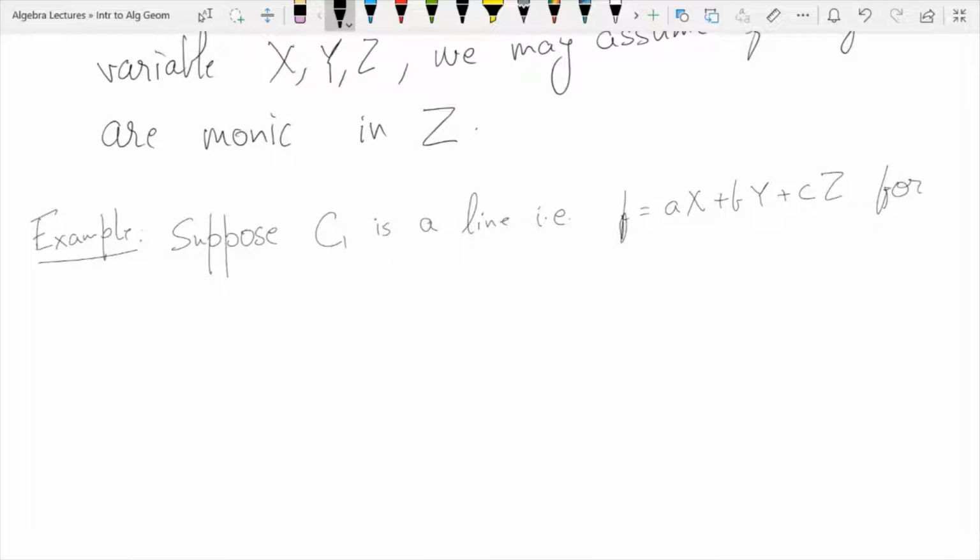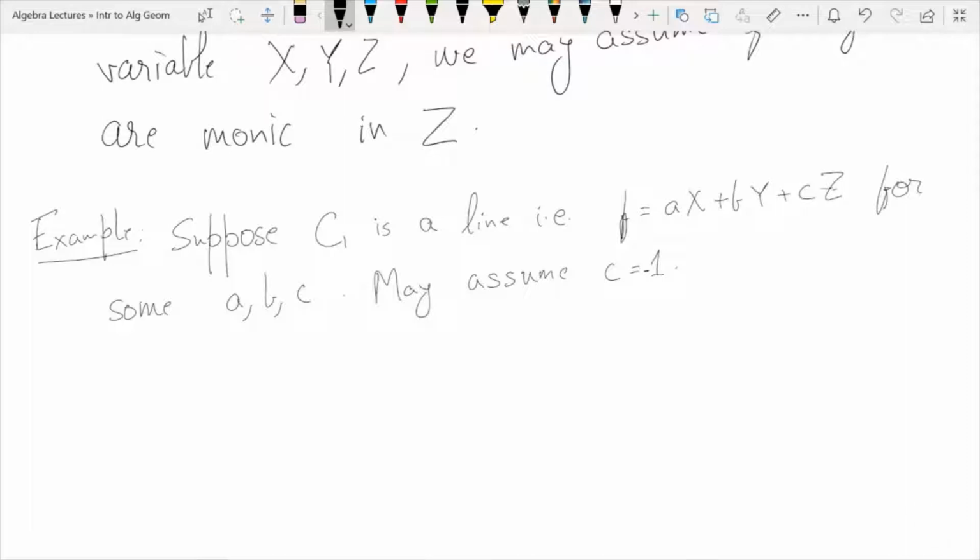for some a, b, c, and maybe we can assume one of them is non-zero. Maybe c. In fact, as we saw, we can always assume it's monic in z. So we may assume c is, let's say, minus 1. Then I can write z equals ax plus by.